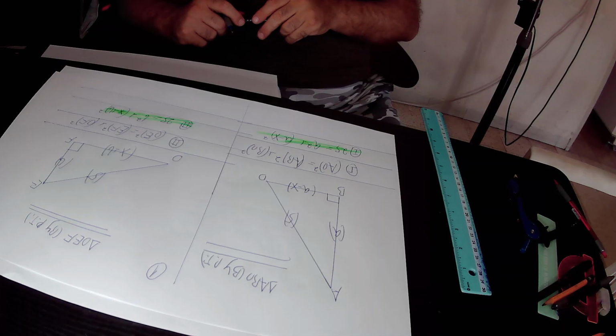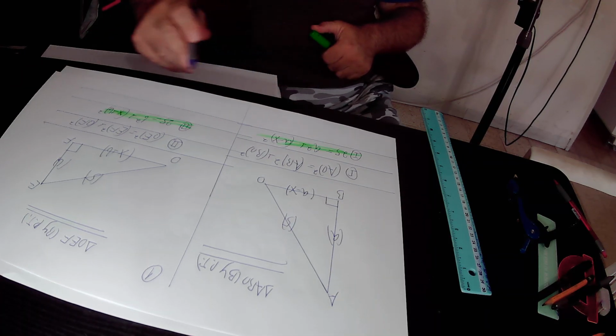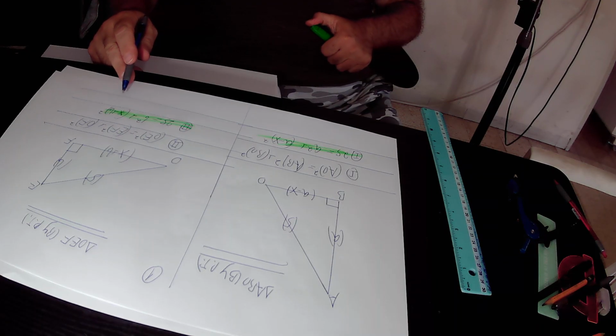In the next step, we get equation 3 that says that 25 according to equation 1 must be equal to 25 according to equation 2.